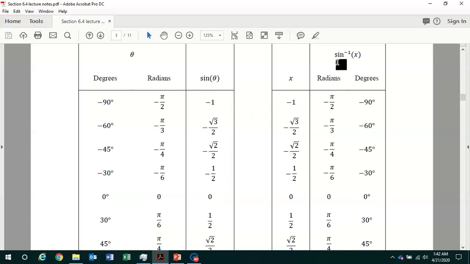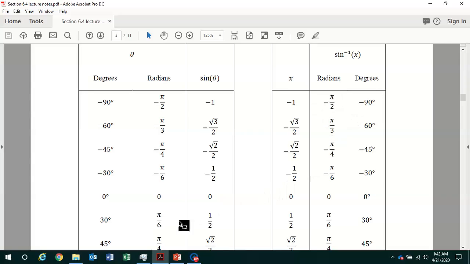So that means the inverse sine of the number -1 is equal to the angle minus pi over 2 radians, or minus 90 degrees. Okay, so with the sine function, you input an angle and output a number. With the inverse sine function, you input a number and output an angle.